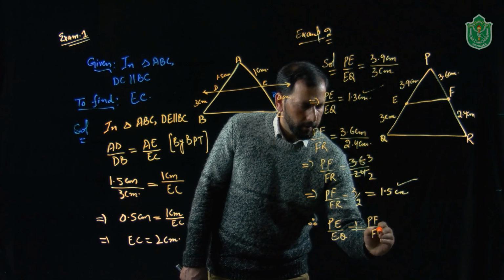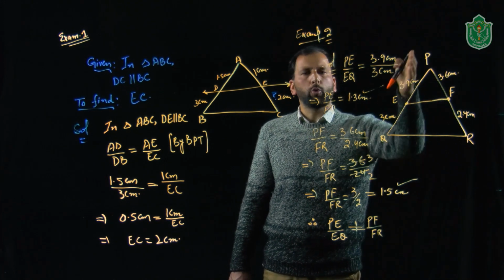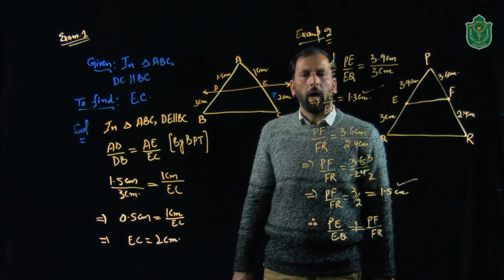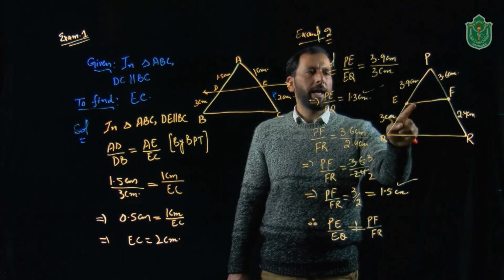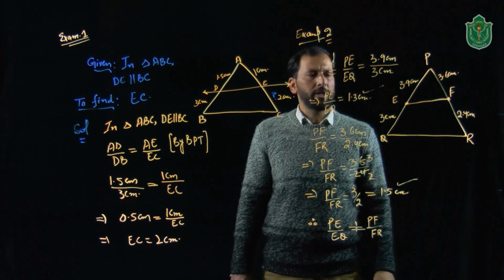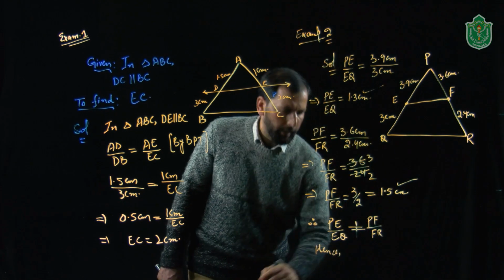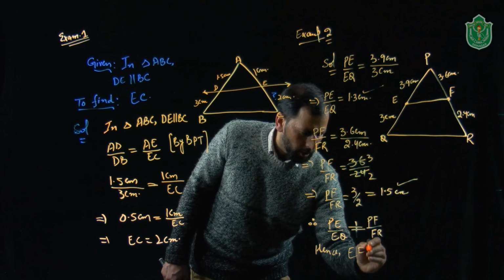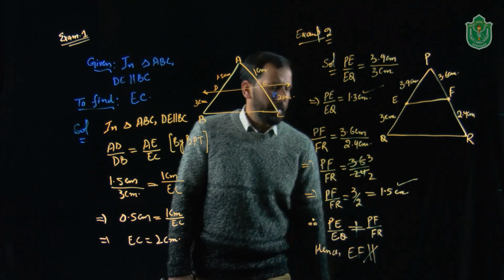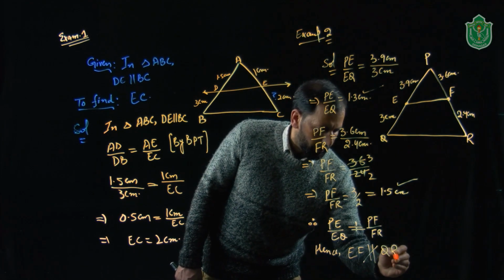It means this line EF is not dividing the two sides PQ and PR of triangle PQR in the same ratio. When the line is not dividing the two sides in the same ratio, hence this EF is not parallel to the line segment QR.